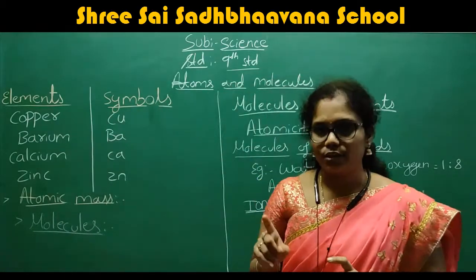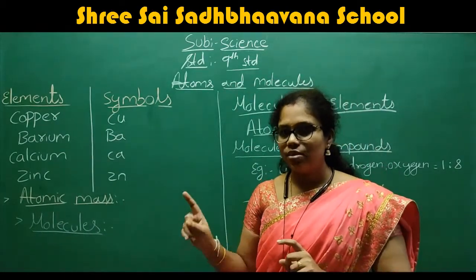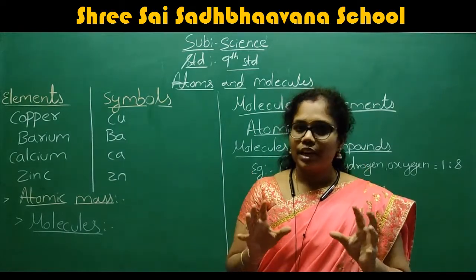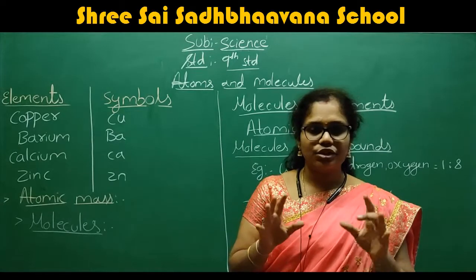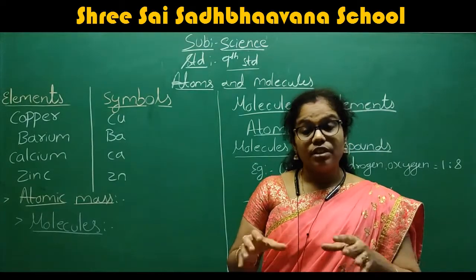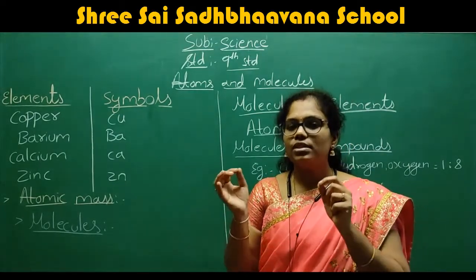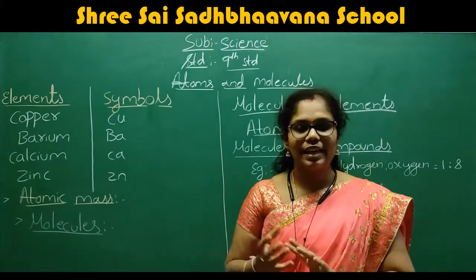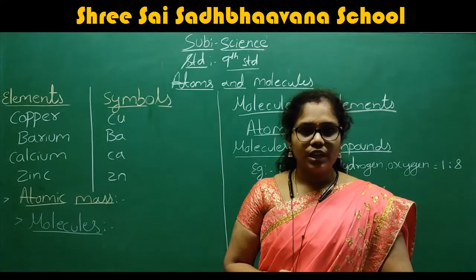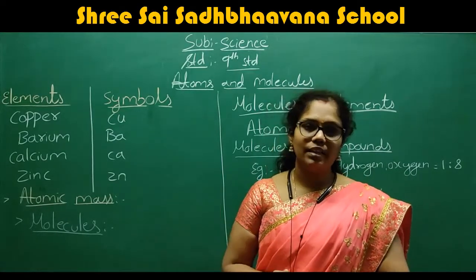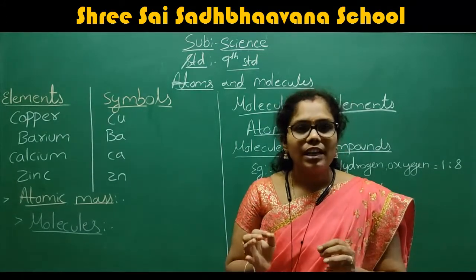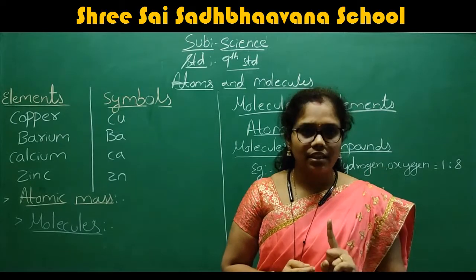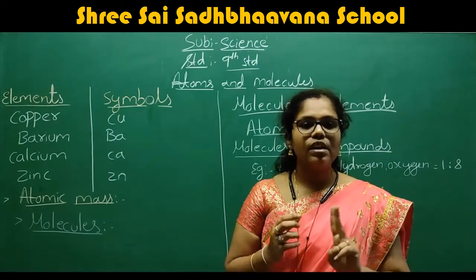For nitrogen, N is already written. After that, if any other element has the same first letter, we take the second letter of the element in small letter. The first letter should be a capital and the second letter should be small.